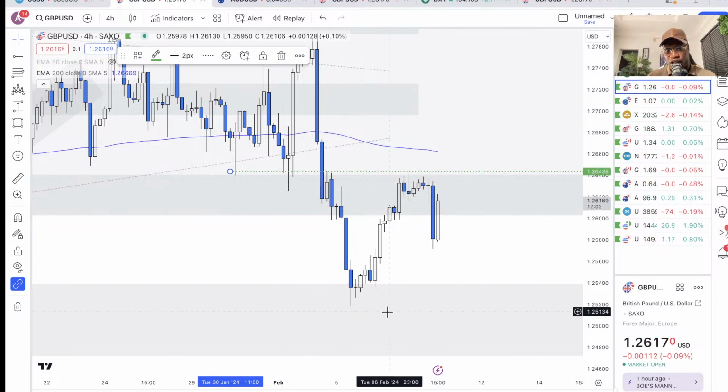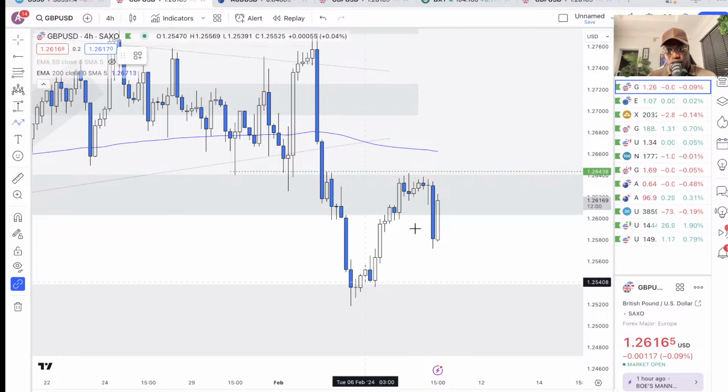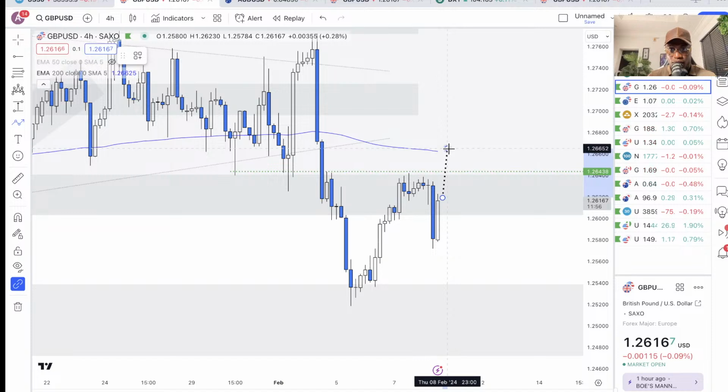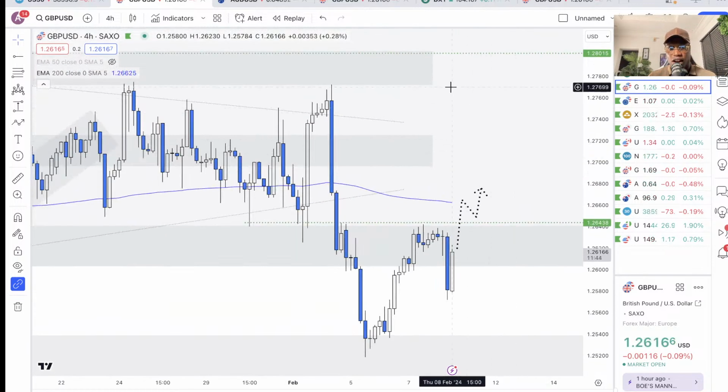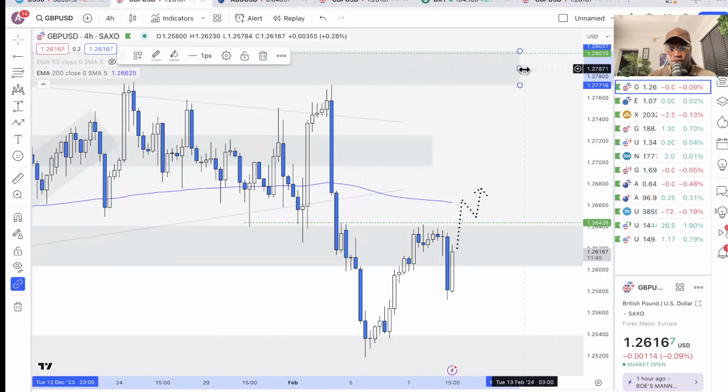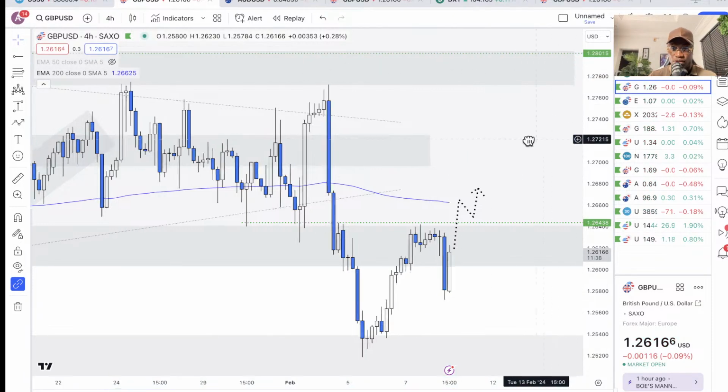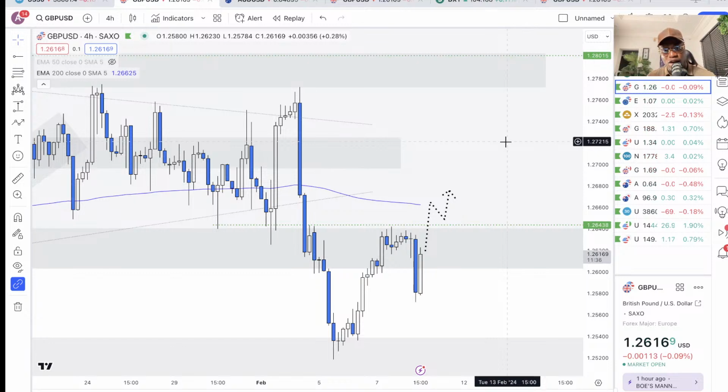So if we get a break above it, say like this, so minor pullback, break, and we are trading above this level and trading above the 200 period moving average, then I'll be bracing up for another retest at this key level, right? And I would look for buy opportunities on the pound dollar.